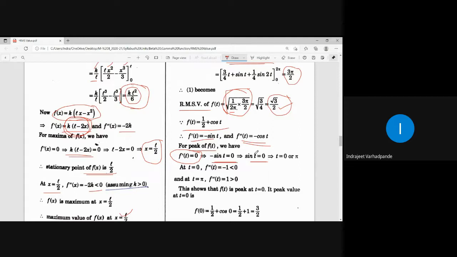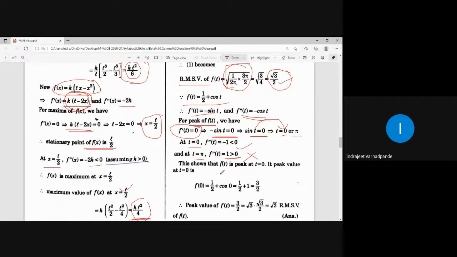For what values of t sine will be 0? Either sine 0 is 0 or sine pi is 0. So at t is equal to 0, double derivative is less than 0, that is negative. At t is equal to pi, double derivative is greater than 0. This will not serve the purpose of peak value or maximum.